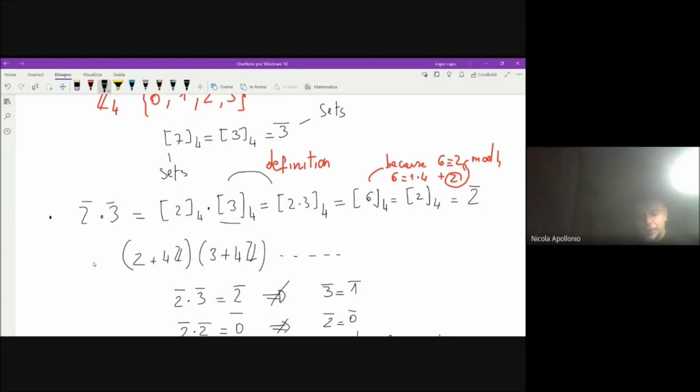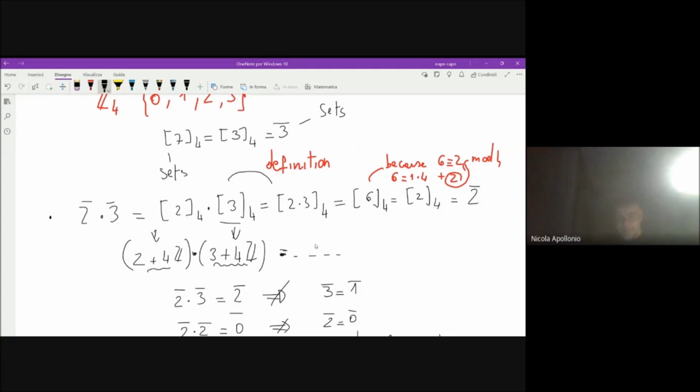So what are we doing? We are picking this class, multiplying by this class. What kind of meaning can this result have? If I pick one element in this set and one element in this set, and I multiply these two elements, which are numbers, I can do that.